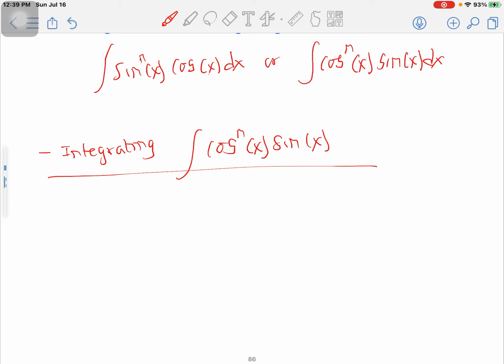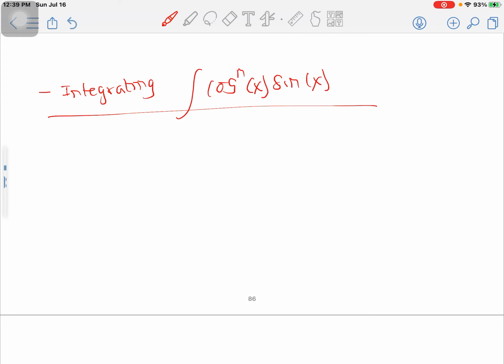That's what the n stands for. So let's look at this example, integral of cos power n of x sine of x. This means the question is a product of the cos and the sine, but the difference is that now the cos has a power which can be more than 1, but the sine has a power of 1. That's the kind of example that we are going to look at right now.